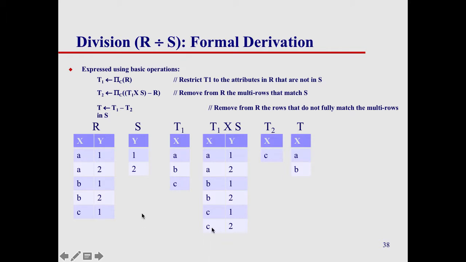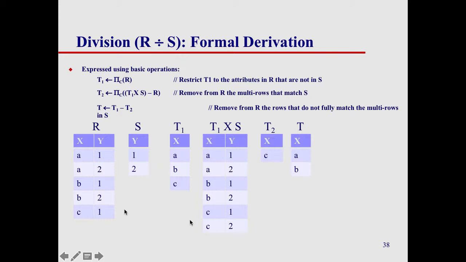And then the next part of step 2 is to subtract R from this relation. And when we do that, we get whatever is the remainder.